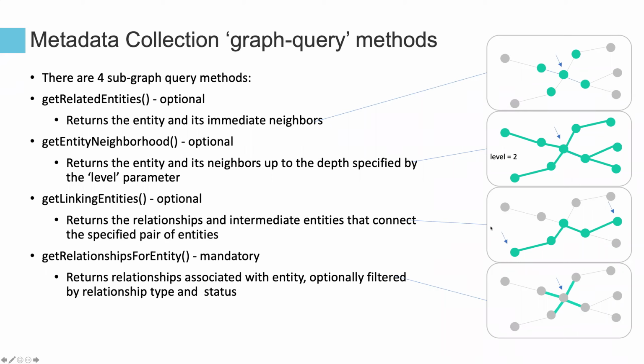If we got linking entities, then basically this is like a connected path. We're saying starting here and finishing here, find us all the relationships and entities that connect this entity to this other entity. And get relationships for entity basically says, don't worry about the neighbors, but I am interested in the relationships that this entity has to other entities, so we can extract just a set of relationships.